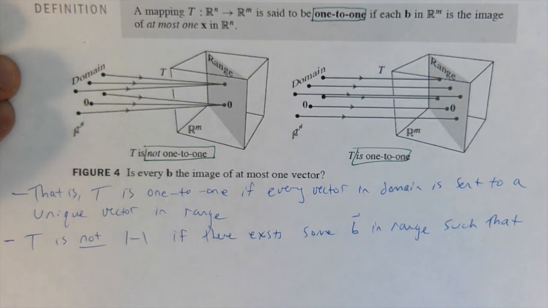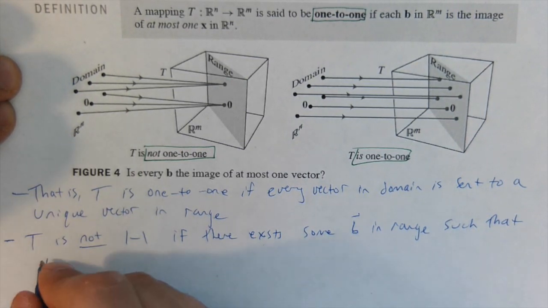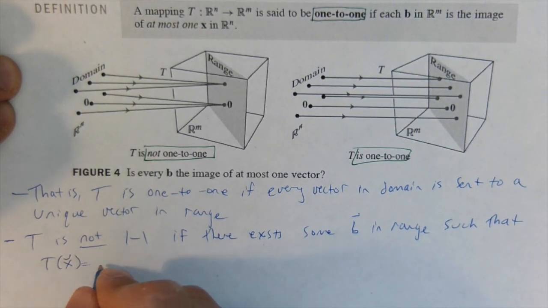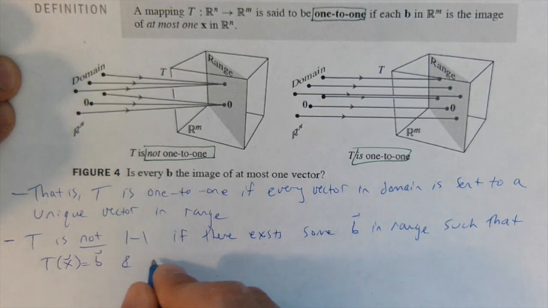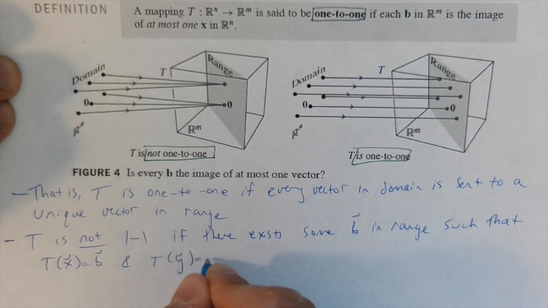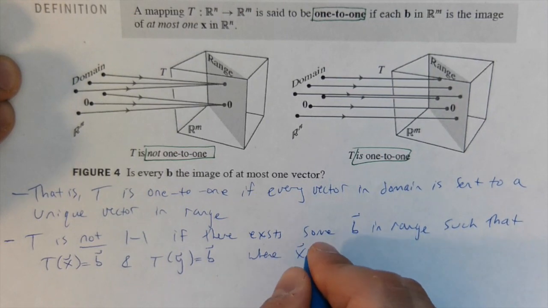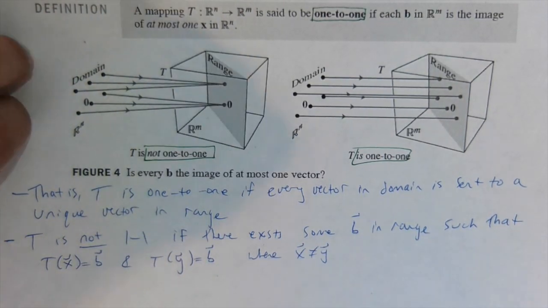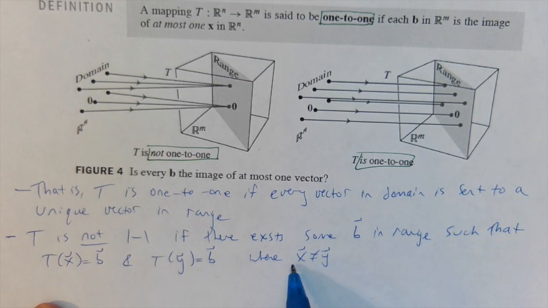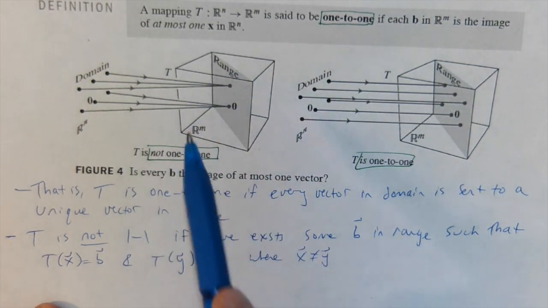Two things get sent to b, and so that means T of x equals b, and T of y equals b, where x and y are not the same thing. So this is saying you have two different things in the domain, x is not equal to y, and they get sent to the same place in the range. So that would be an example on the left there.